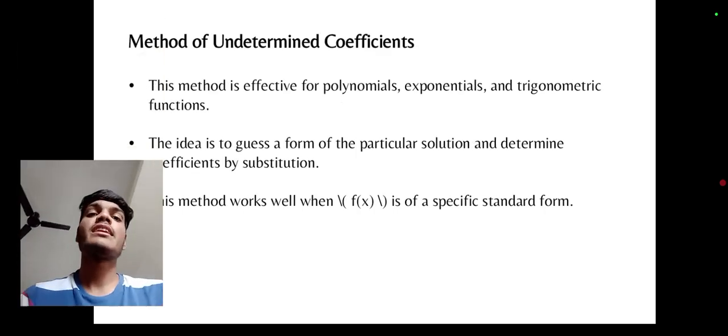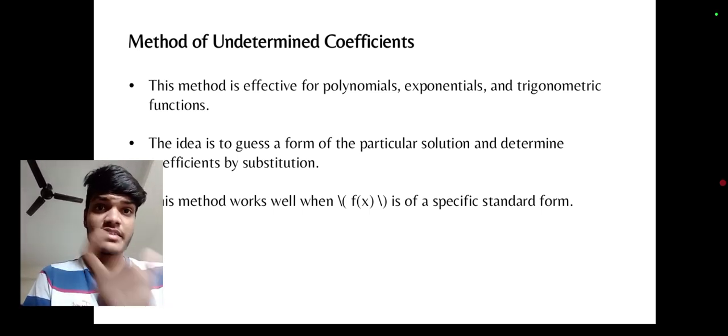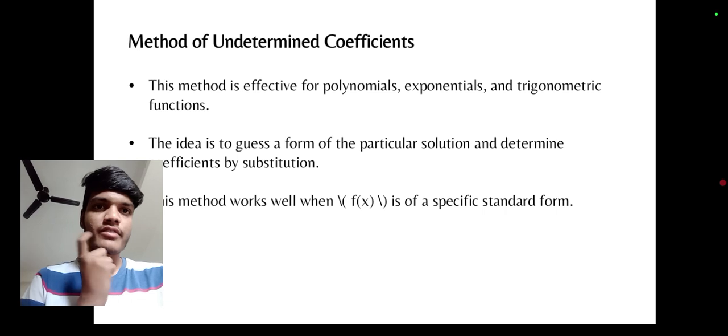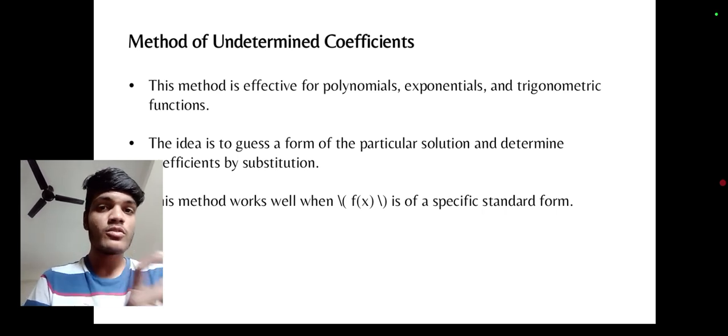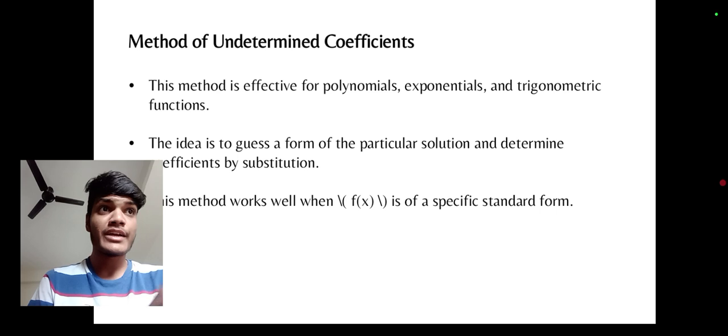Method of undetermined coefficients. This method is effective for polynomials, exponentials and trigonometric functions. Polynomials have powers, like monomials, binomials and trinomials. Exponentials are equations in exponential form, and trigonometric functions are in the form of sine and cosine.